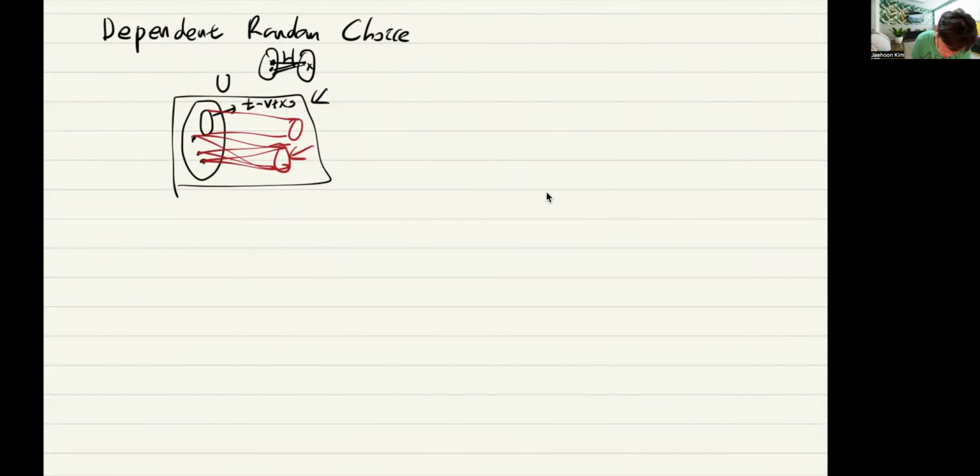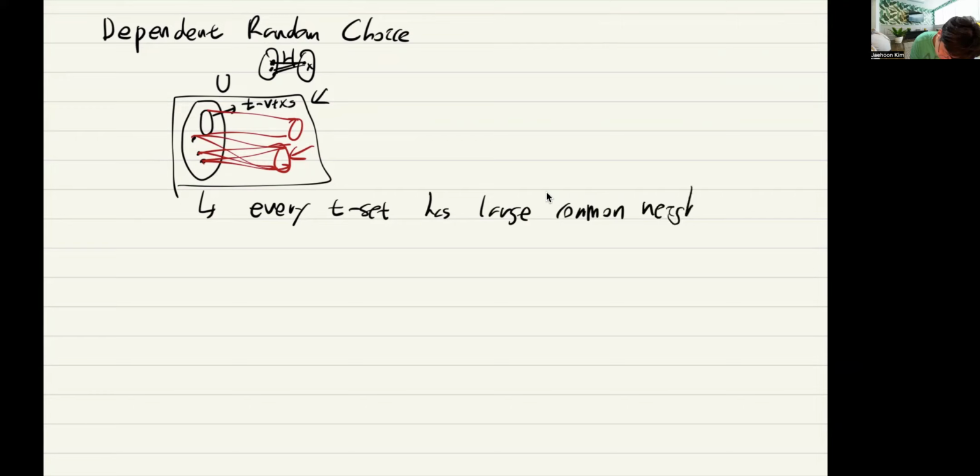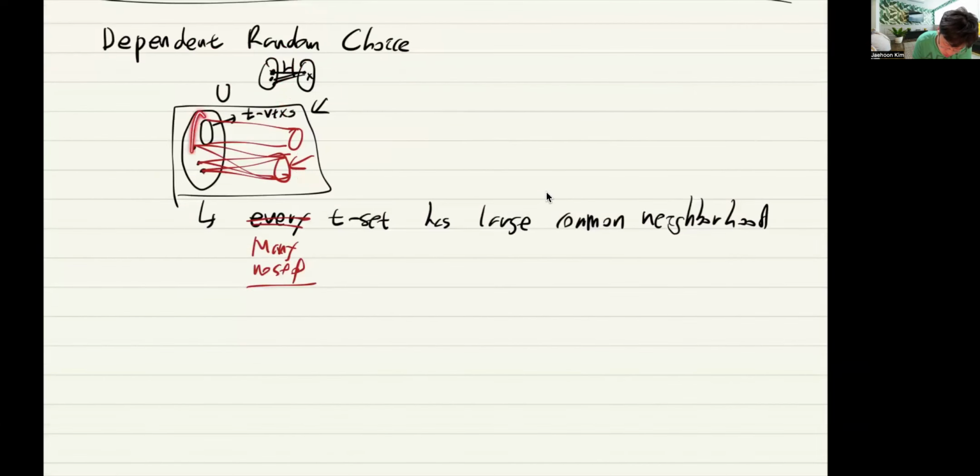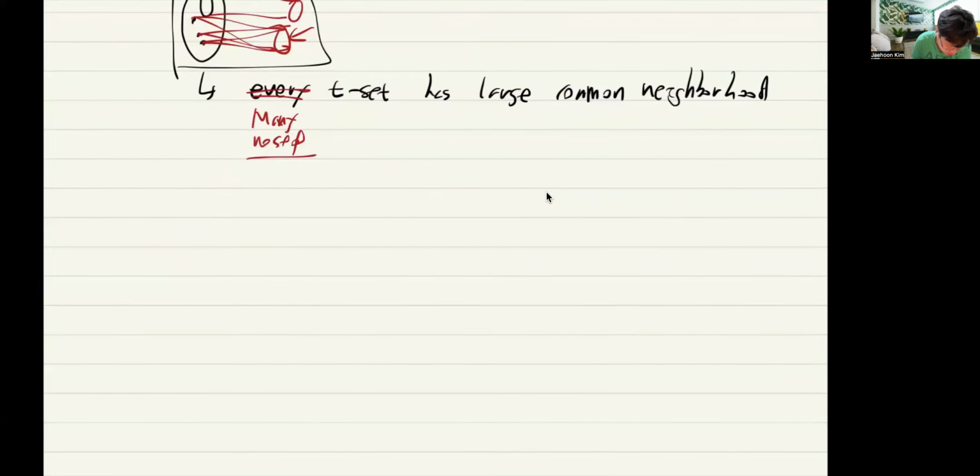So what we can do is that instead of ensuring every T-set has a large common neighborhood, what we do is instead of every, we say many or most of. If we aim for this, then we can actually find such a U so that it has linear size.